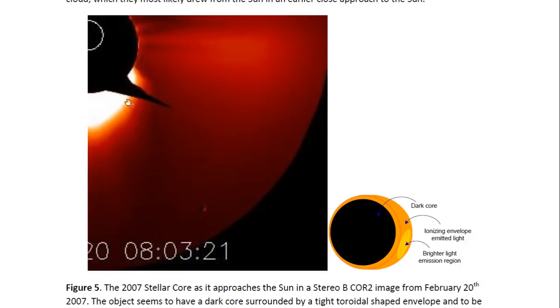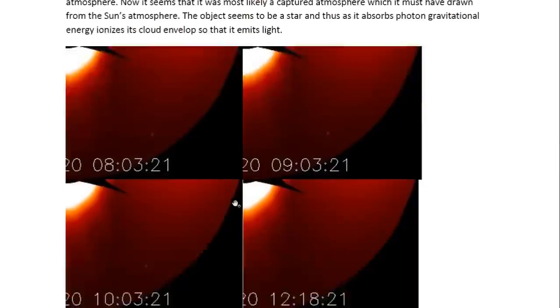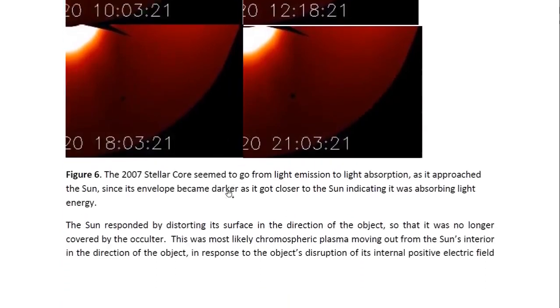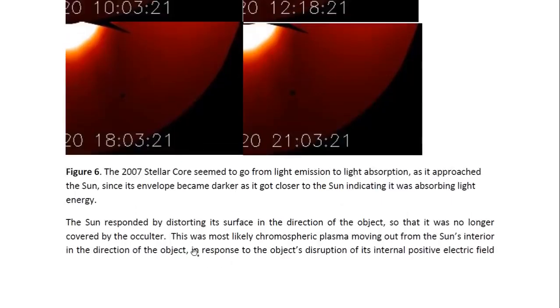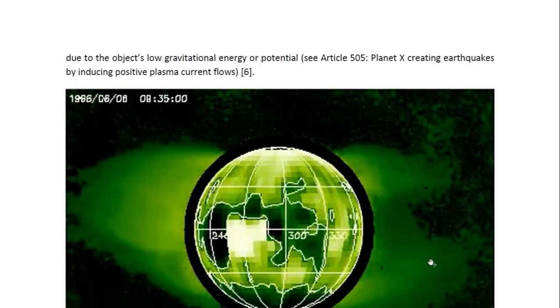So this is basically plasma from the sun that is coming out from the sun, and therefore the sun is actually distorting its surface. So this is most likely chromospheric plasma moving out from the sun's interior in the direction of the object in response to the object's disruption of its internal positive electric field due to the object's low gravitational energy or potential.